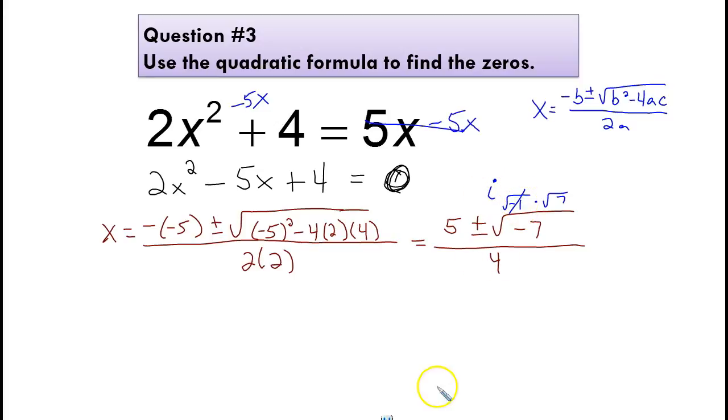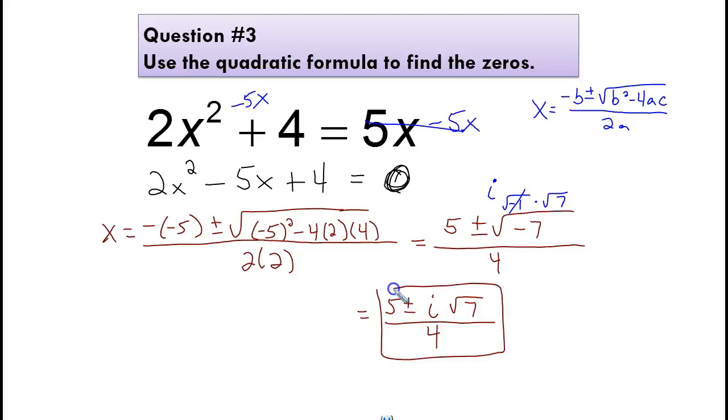We want to get that imaginary number out from under the radical. 7 is not a perfect square, and no perfect square divides into it, so it's going to stay under the radical. So we can represent this answer as 5 plus or minus i times root 7 all over 4. So 5 plus or minus i root 7 over 4 is an acceptable answer.